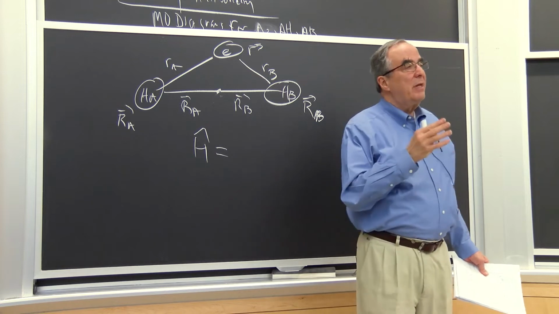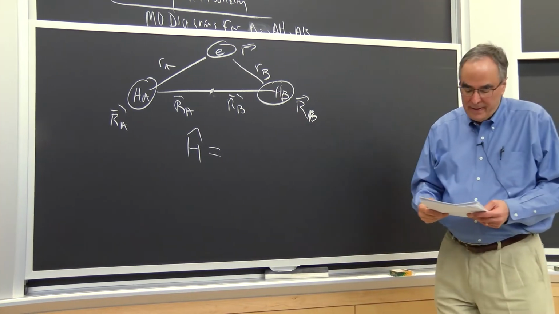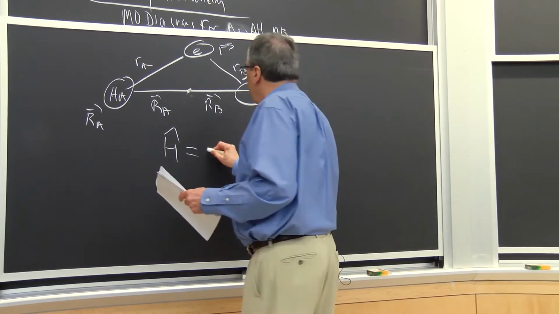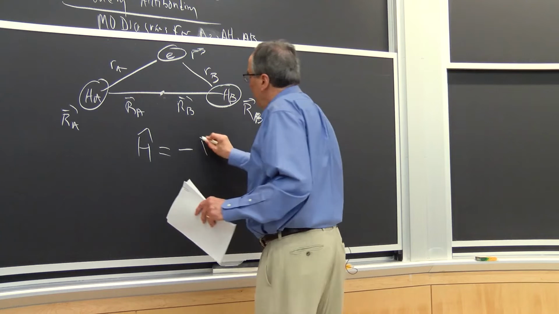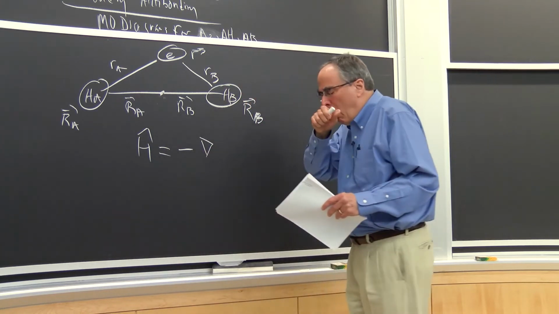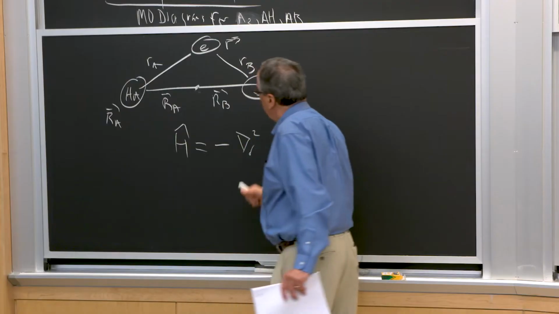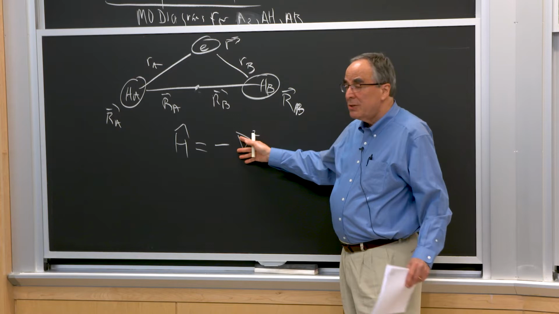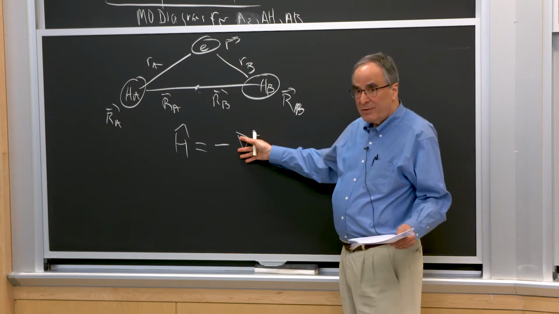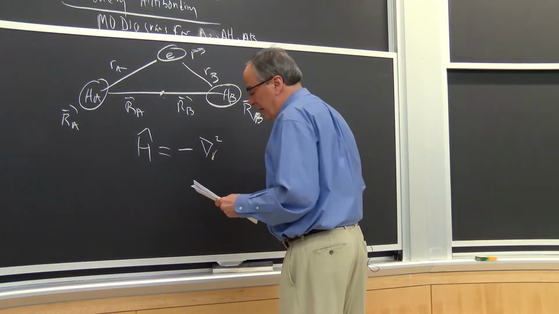And so we have kinetic energy and we have potential energy. And the Hamiltonian, excuse me, in atomic units is this: del squared, which is the second derivatives with respect to whatever we have here, which is a little r.